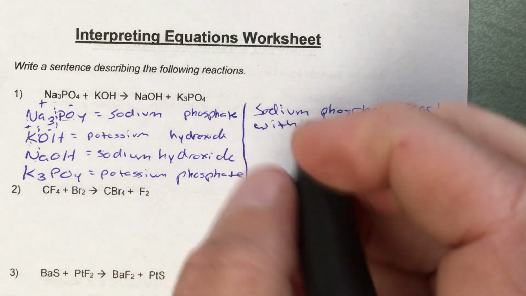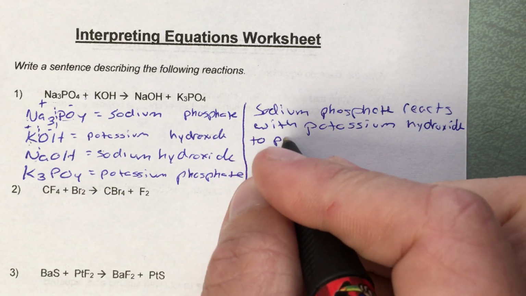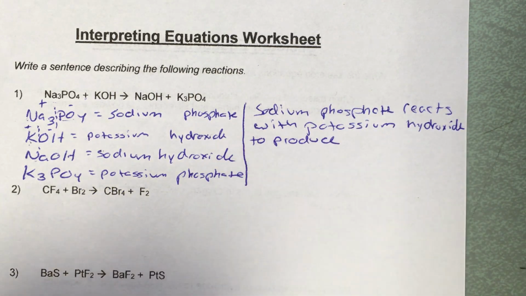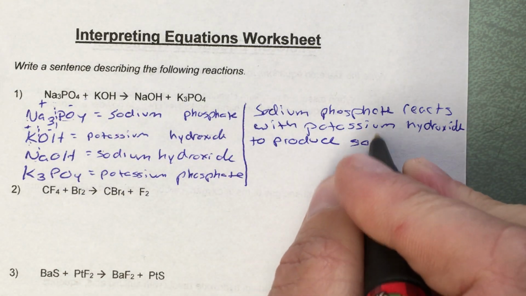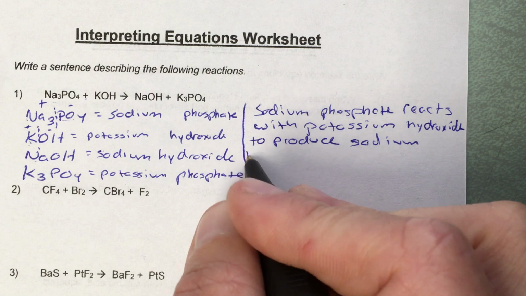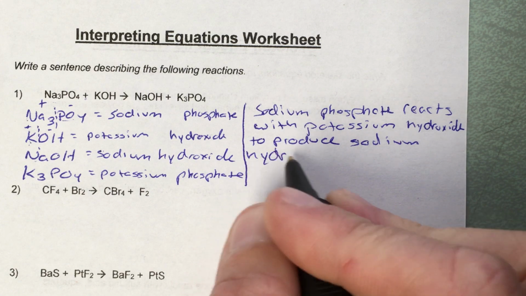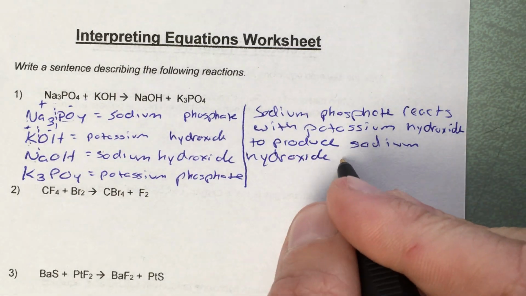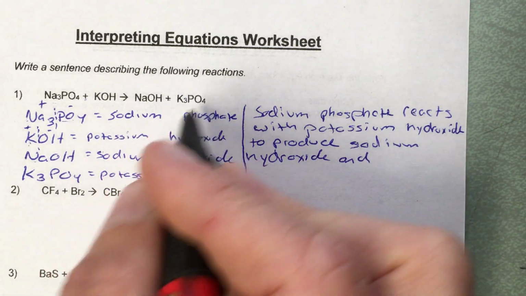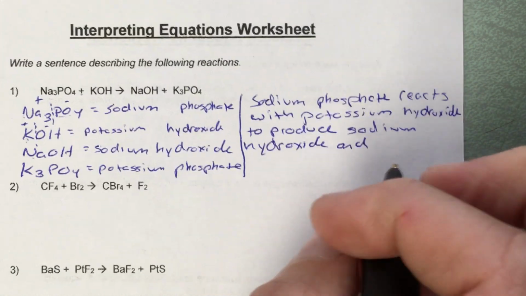The arrow means to produce. NaOH is sodium hydroxide. The plus sign on the product side means and. K3PO4 is potassium phosphate.